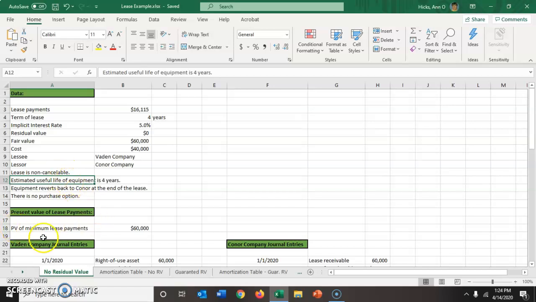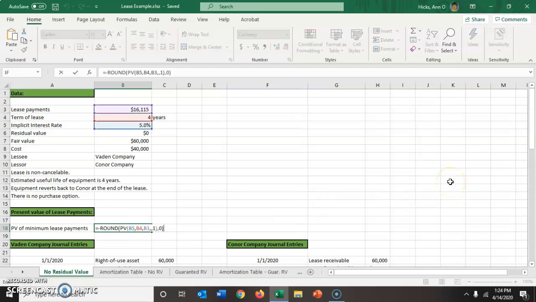The next test is the present value of lease payments test. This is where the present value of minimum lease payments is at least 90% of the fair value. So in this cell in B18, I have calculated the present value of the payments of $16,115 for 4 years at 5% interest.